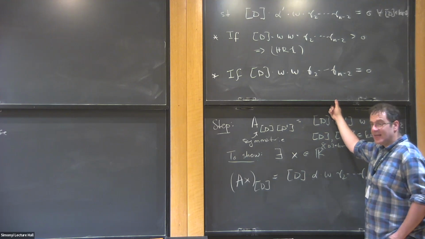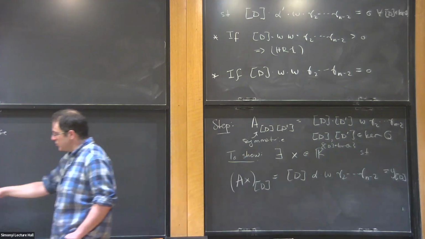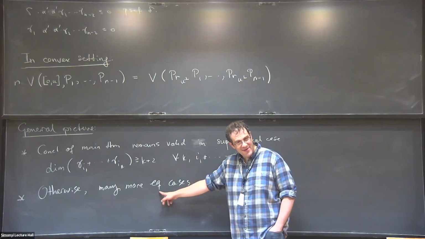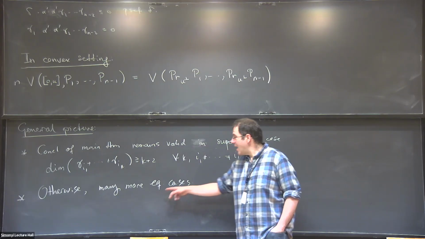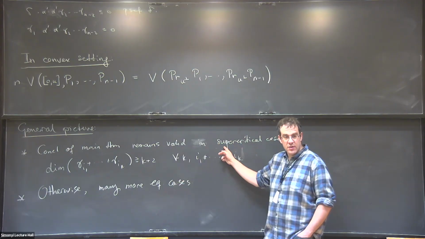And if gamma has dimension n minus 1, then you're already in this situation. I don't think even that case has been solved in the algebraic geometry setting, but I certainly have to try. I think understanding the supercritical cases is by far the most interesting.